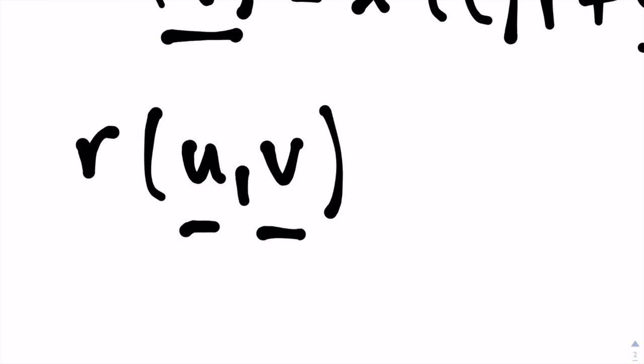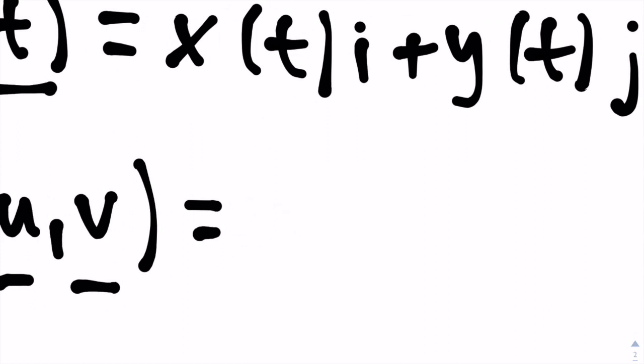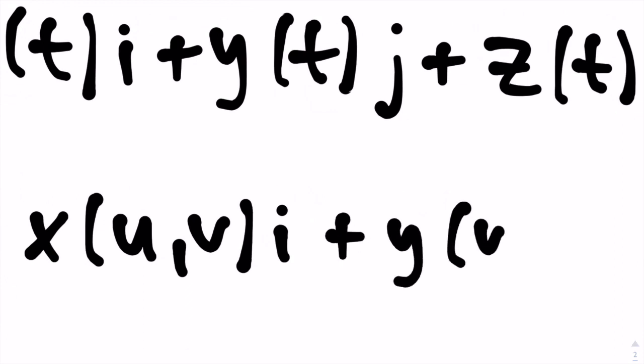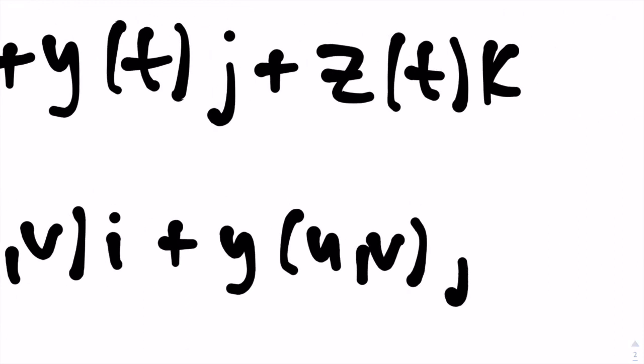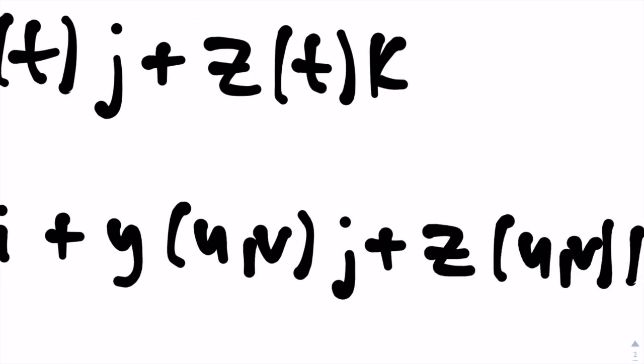But similar to our parameterization of a space curve, for this parameterization of a surface, we are still going to define the x component, the y component, and the z component all in terms of u and v. Hence, our parameterization for a surface would be x as a function of u and v for the x component, y as a function of u and v for the y component, and z as a function of u and v for the z component.